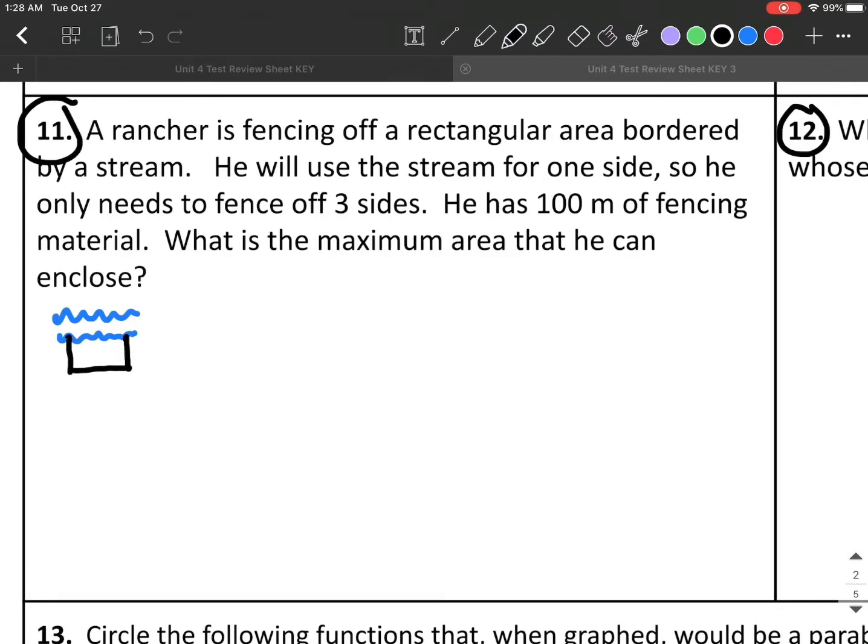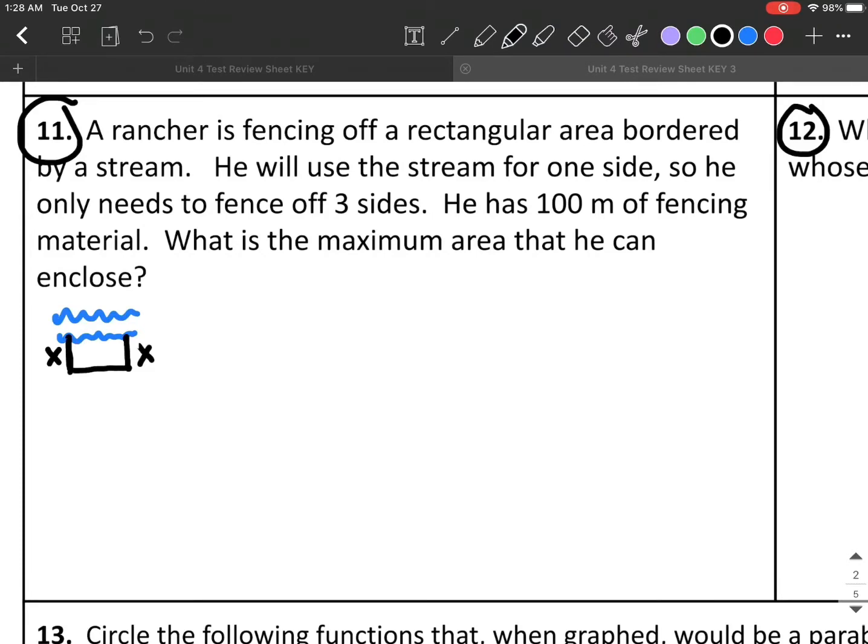I don't know what any of the sides are for these 3 sides of this rectangle. So I'm going to use variables to represent them. I'm going to let X represent the width of the rectangle. And if the left-hand side is X, then by definition of a rectangle, the right-hand side is also going to be X. I'm going to use a different variable to represent the other side.